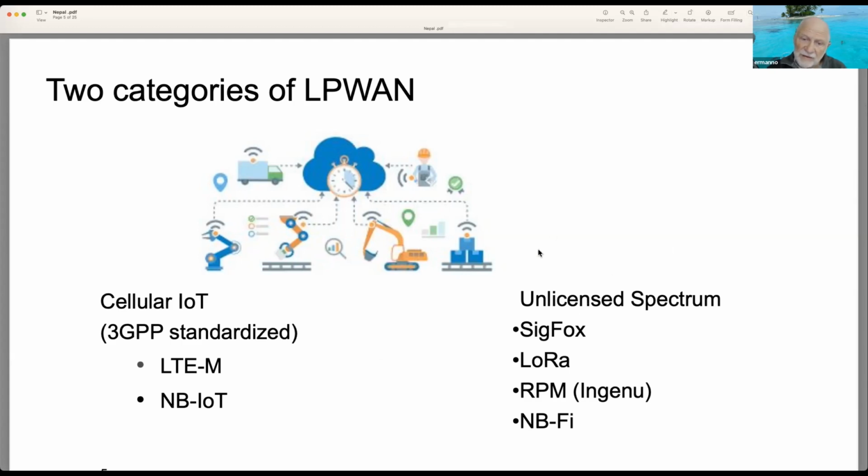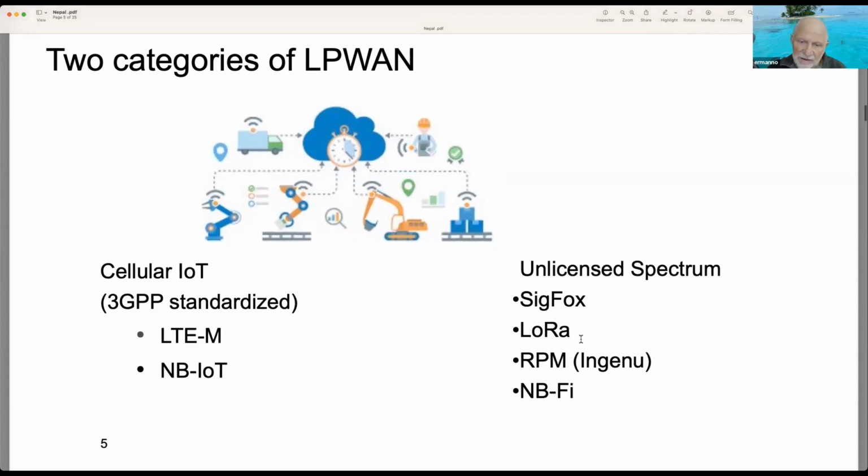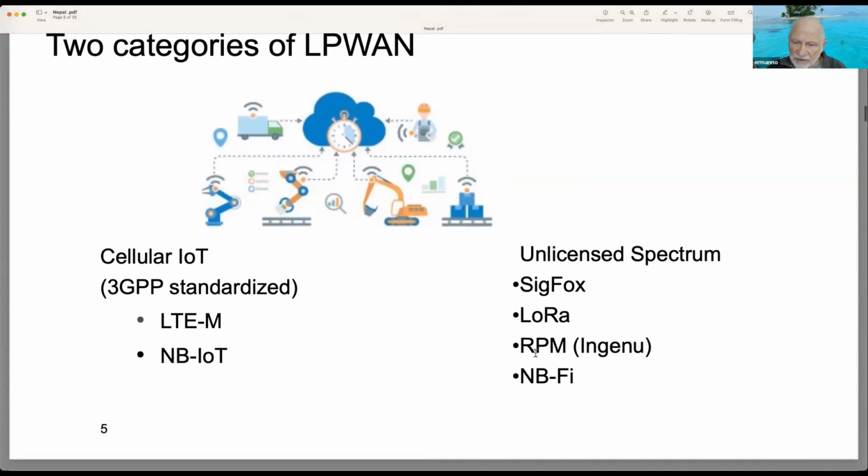So there are other vendors that take advantage of the unlicensed spectrum, like Sigfox and several vendors that leverage the LoRa technology. There is another company called Ingenu, also called RPMA, and a new entrant in the field that I still have not tried, called narrowband fidelity.